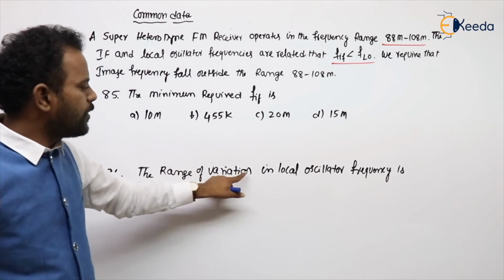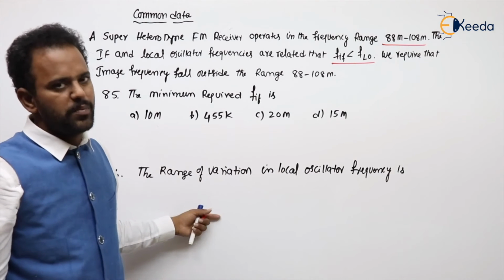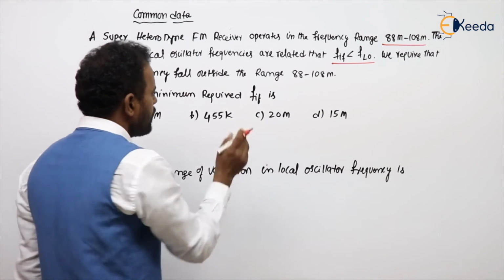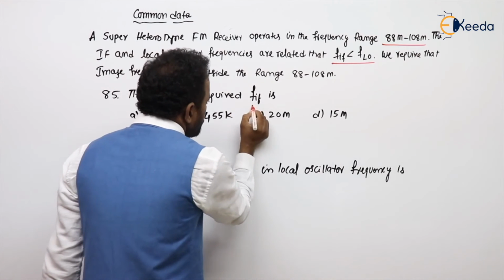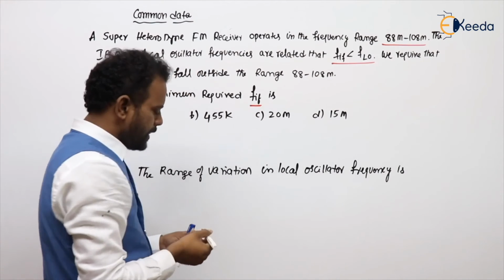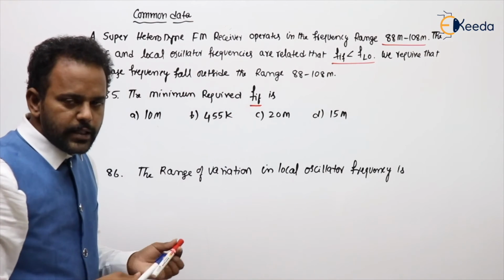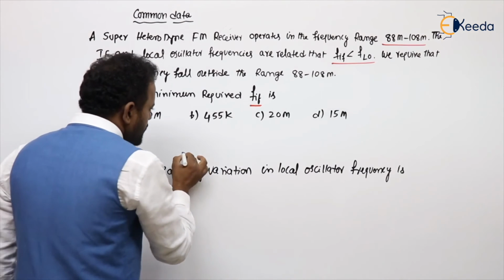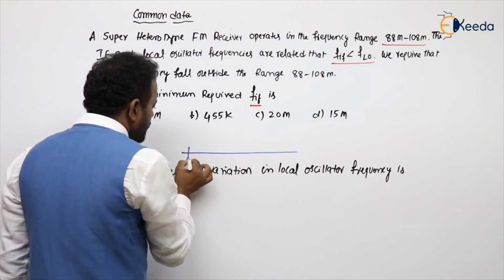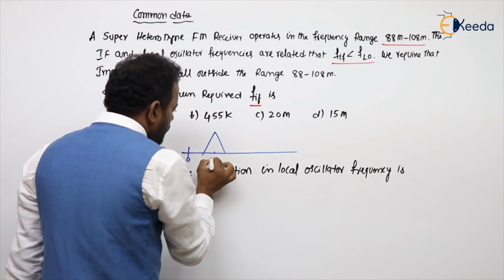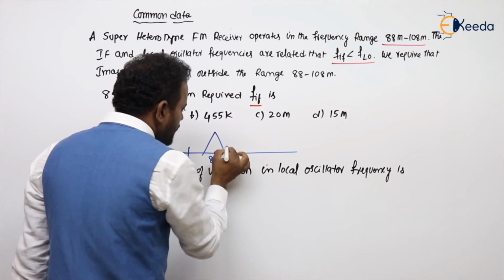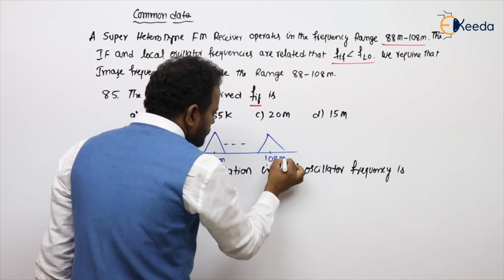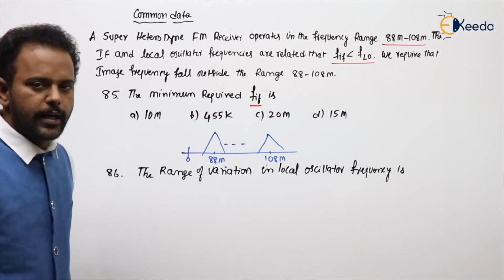Second question: the range of variation of the local oscillator. It's a simple one, I am not giving the options. You need to calculate fIF such that the image comes outside the tuning range. What is the operating range? 88 MHz to 108 MHz.